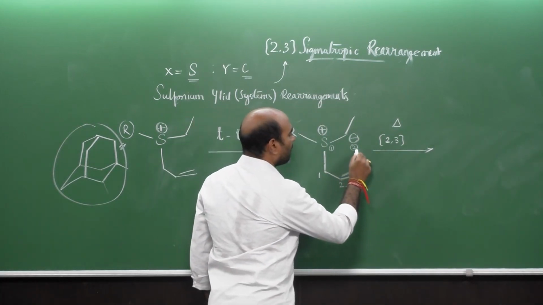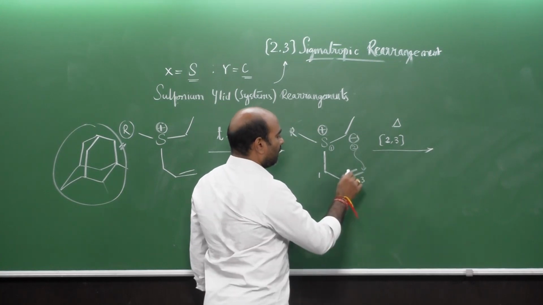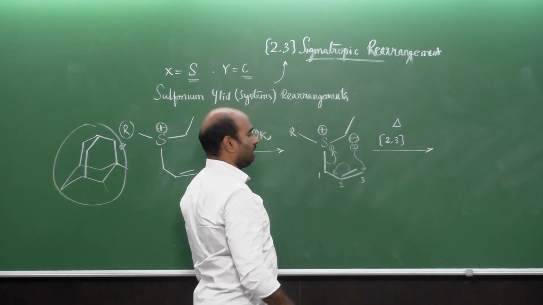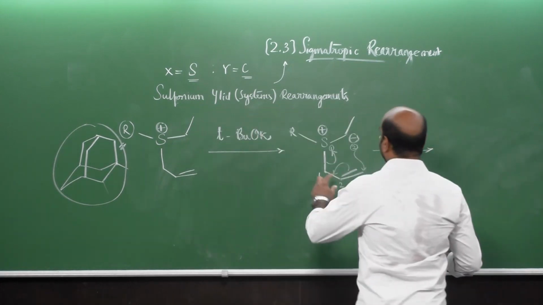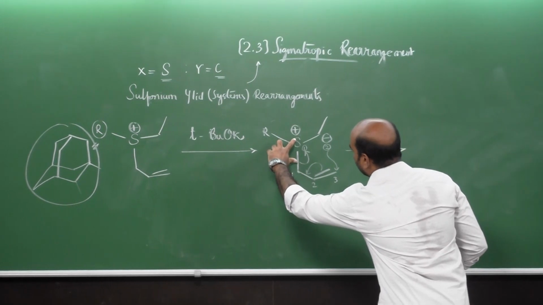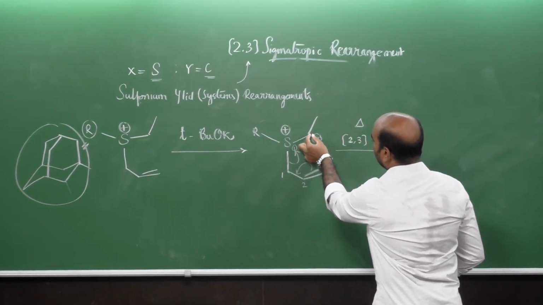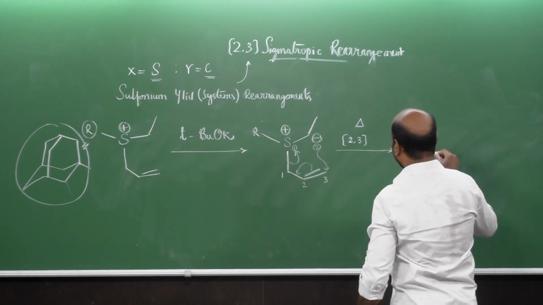So, how is it going to happen? This attacks here, this pi bond moves over here, and this sigma bond will be taken up by the sulfur. As a result, the sigma bond between sulfur and this saturated carbon atom is migrating to 2 and 3 positions.